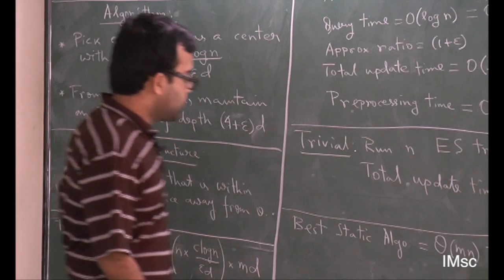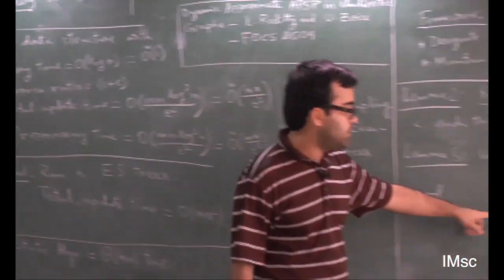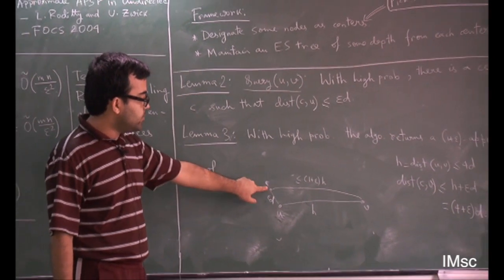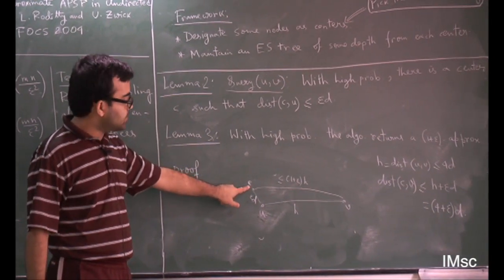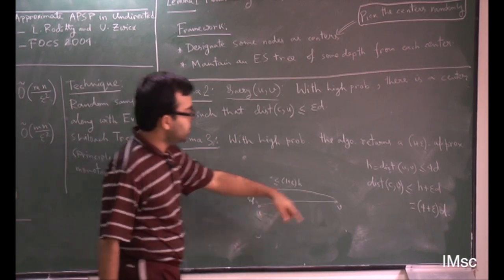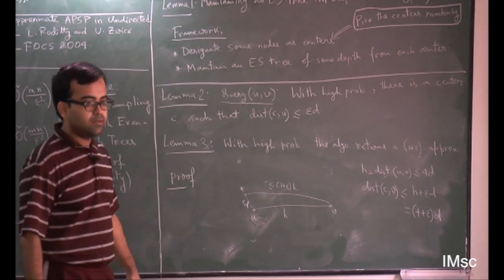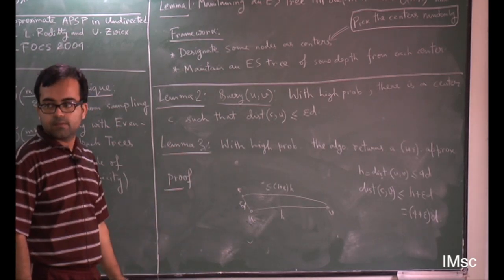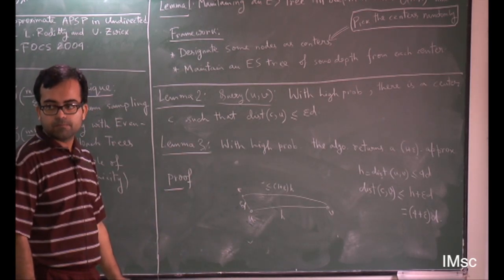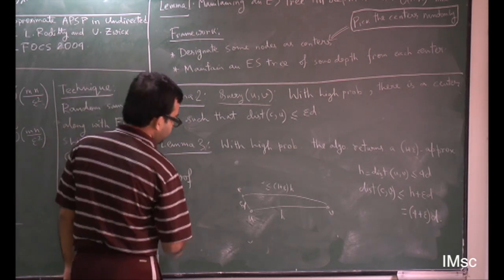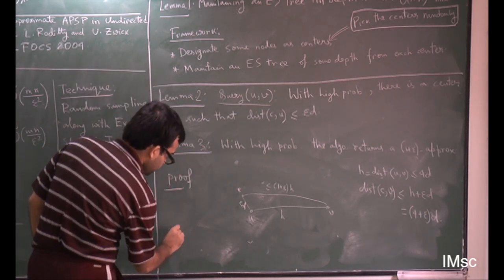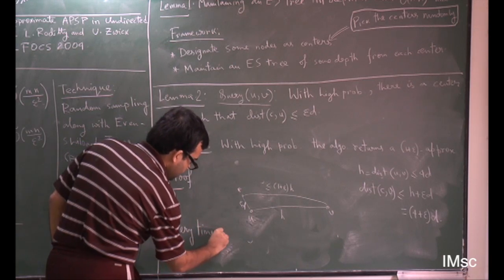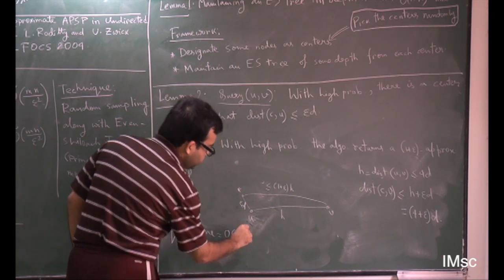So, you just probe the data structure to find this center C. Then in the Even-Shiloach tree of C, you just ask what is the distance of u from C and what is the distance of v from C, add up these two distances and just return the answer. Okay. So, what is the query time? The query time here is constant.